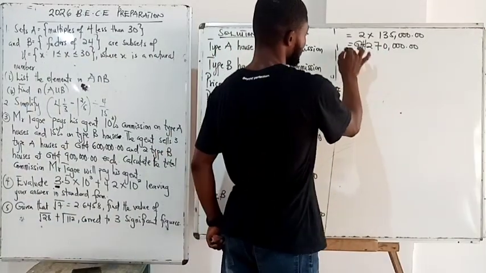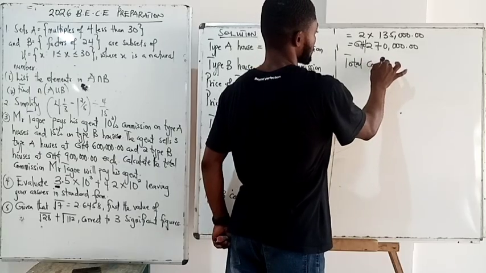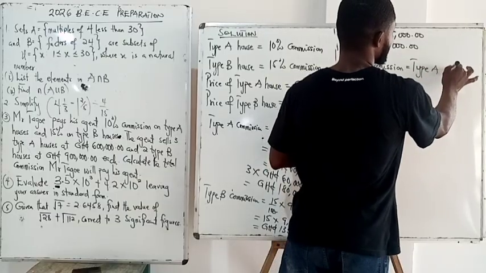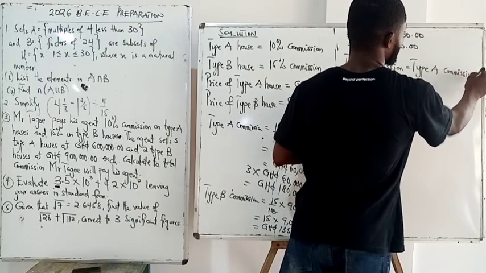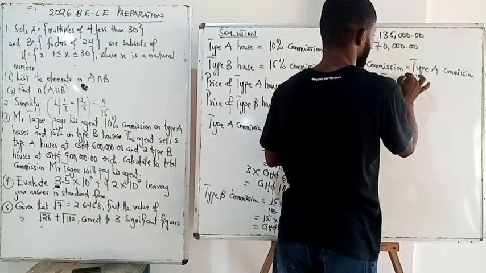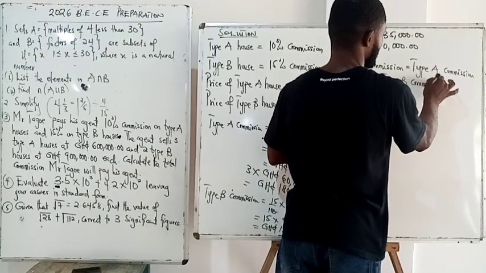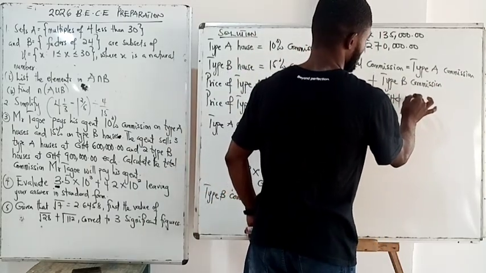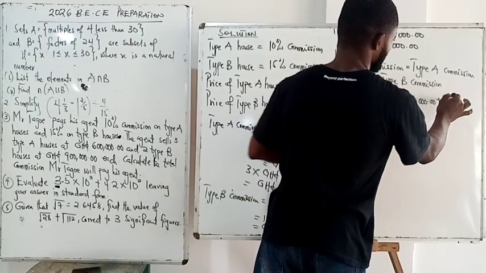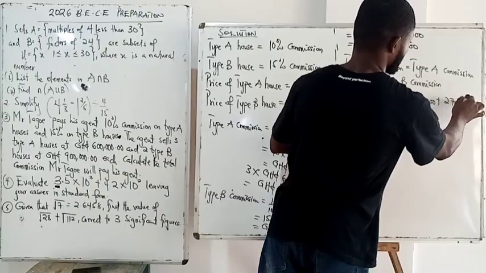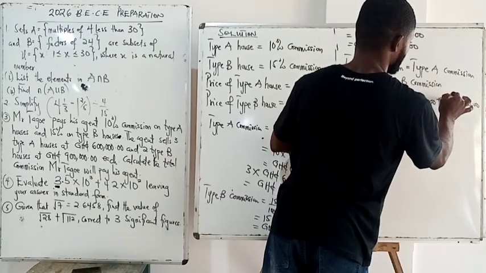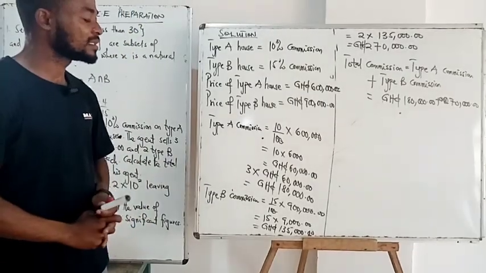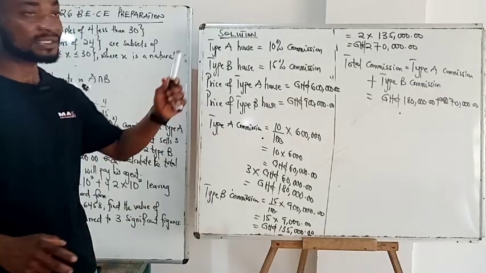So total commission now becomes 180,000, that is for the type A commission, plus 270,000 Ghana cedis, that is the type B commission.